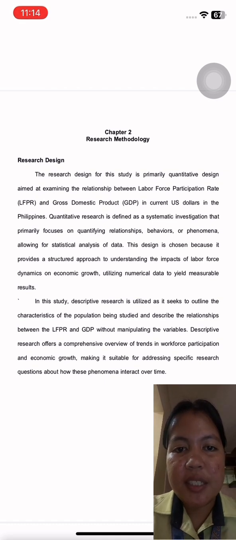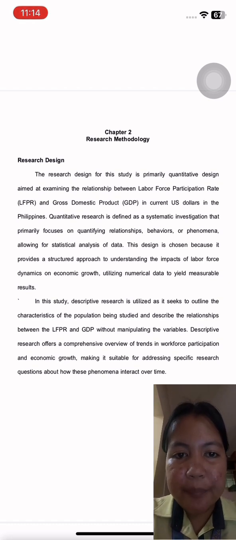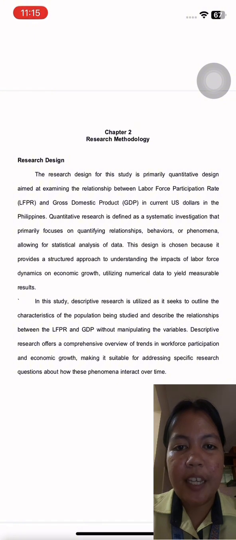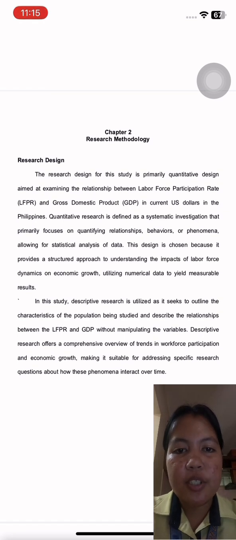Quantitative research is defined as a systematic investigation that primarily focuses on quantifying relationships, behavior, or phenomena, allowing for statistical analysis of data. This design is chosen because it provides a structured approach to understanding the impacts of labor force dynamics on economic growth, utilizing numerical data to yield measurable results.